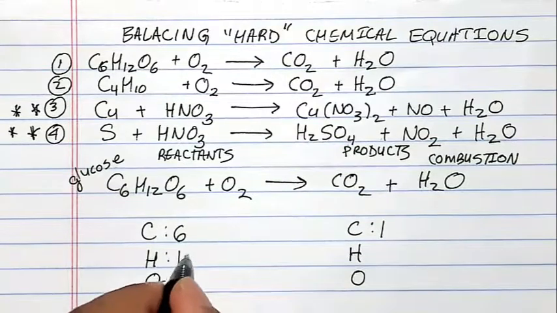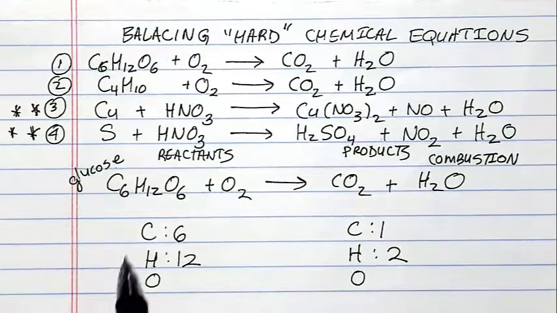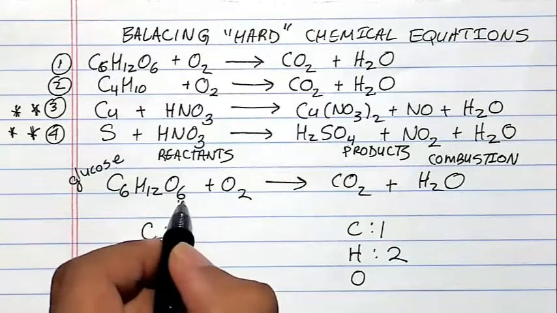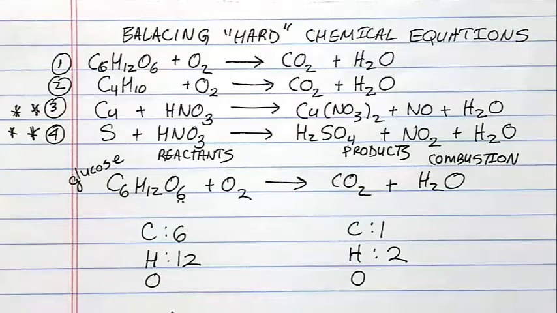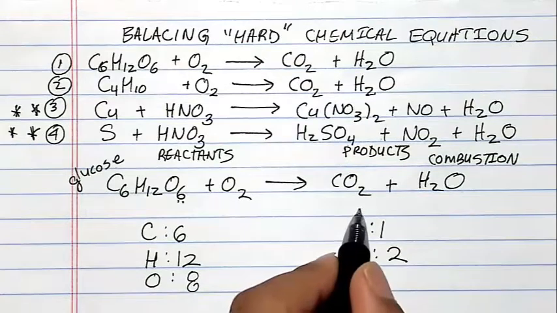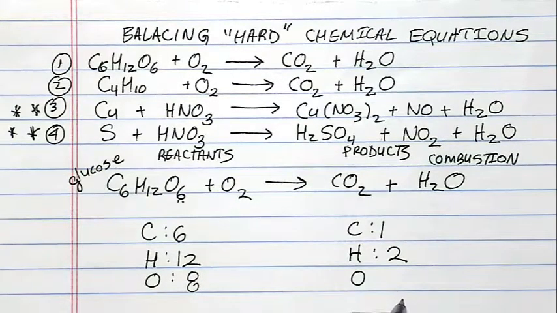For hydrogen, we have 12. Here in the product side, we have 2 coming from water. Now our oxygens are going to be 6 oxygen atoms from the glucose, 2 from molecular or diatomic oxygen. That's going to be 8. And for oxygen in the product side, we have 2 from carbon dioxide and 1 from water. So that's going to be 3 oxygens.